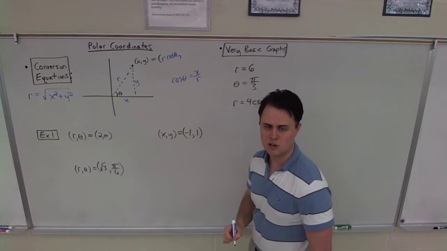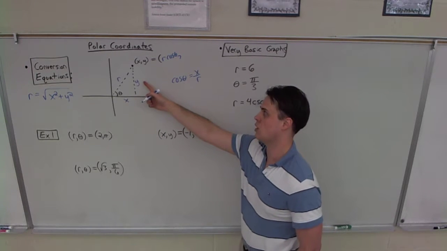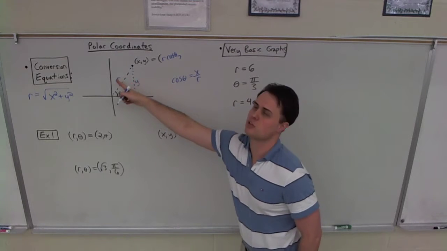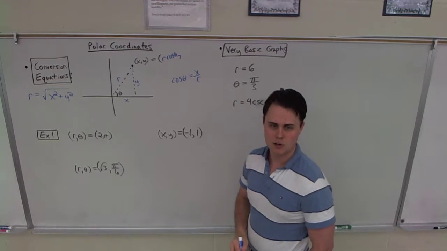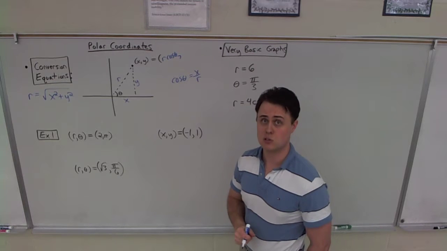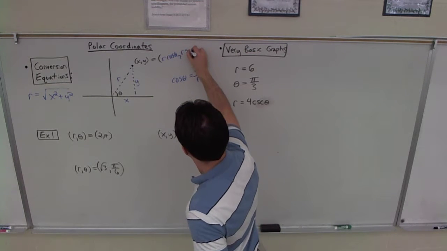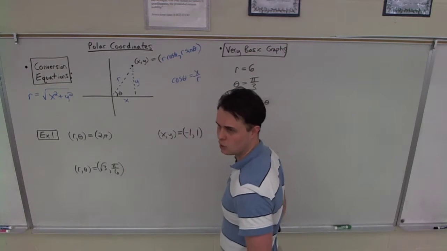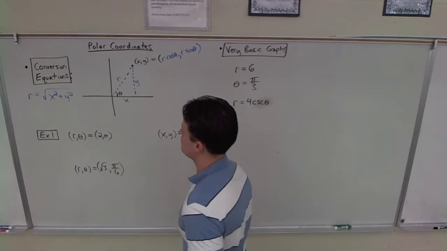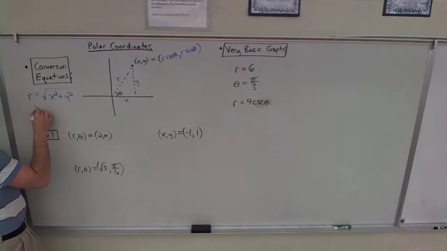If you consider the sine of theta, that's opposite over hypotenuse, which is y over r. So y, in other words, is r sine of theta. And there you go. If you want to write those down as conversion equations, you can.